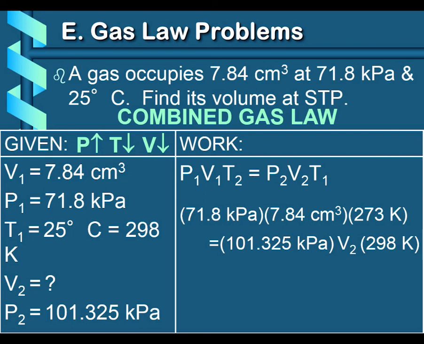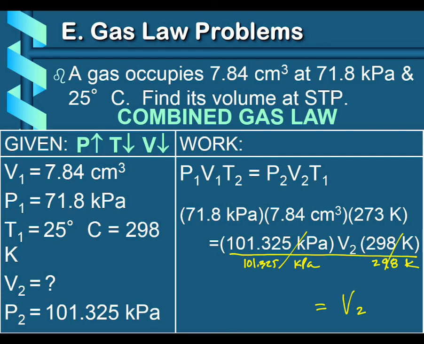So when you do the math on this one, you would divide this side by your 101.325 kPa. That also gets divided on the other side, and your 298 Kelvin is divided on the other side, so that all of this cancels, and you will be left with V2.